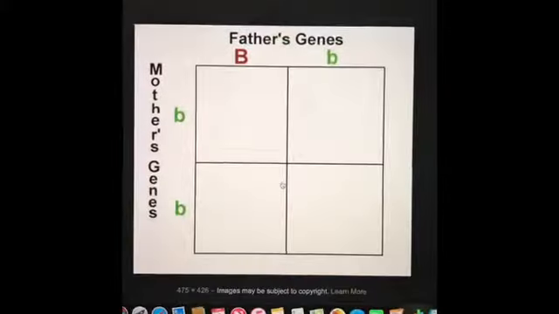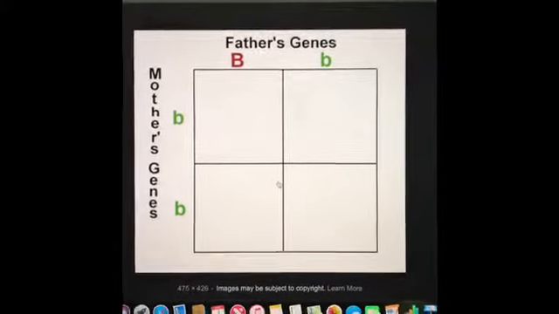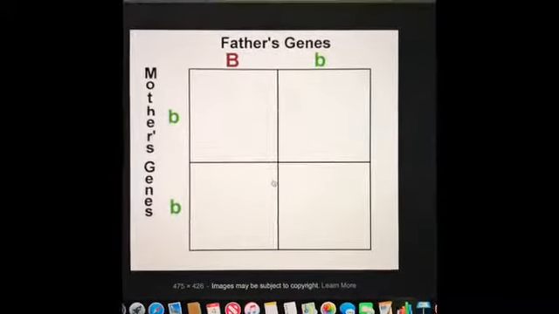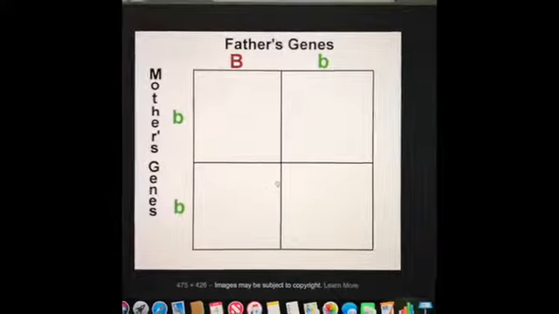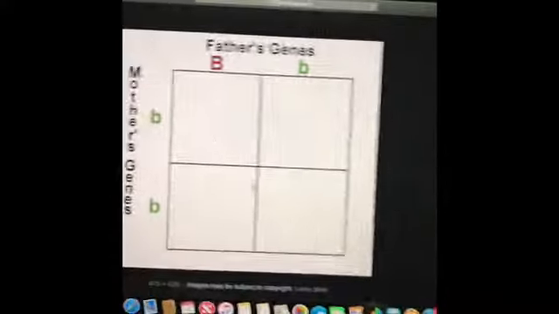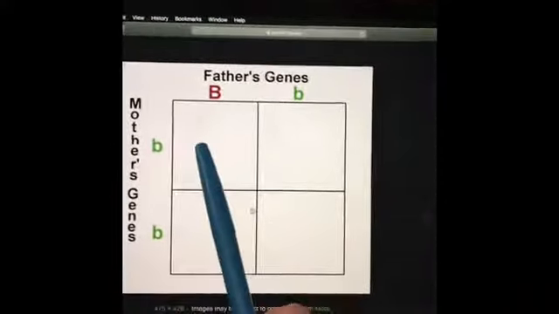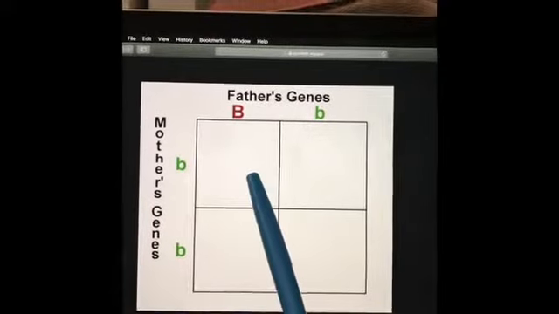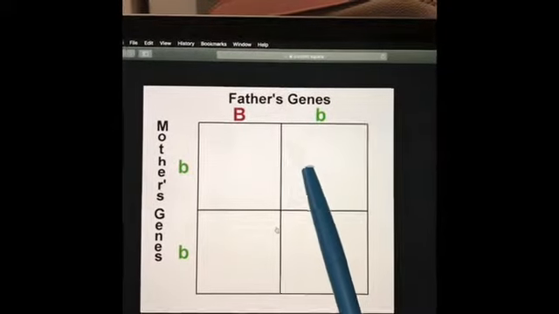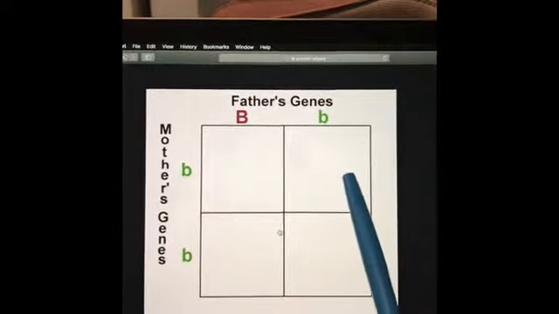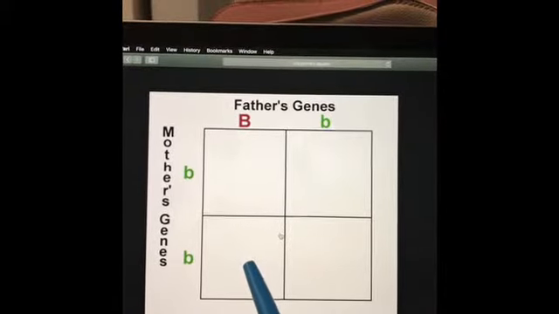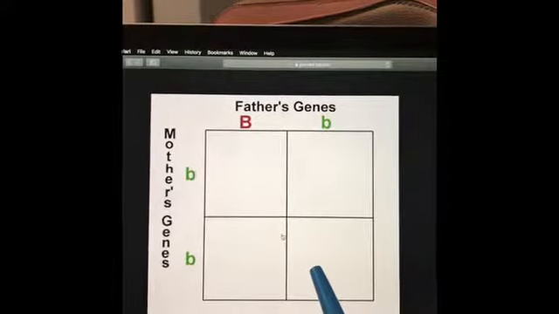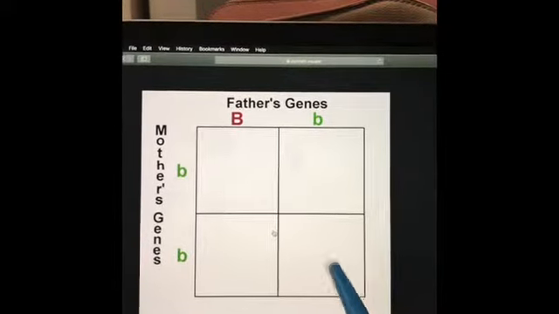And then I'll have you guys do this one next. This one's an example of where the father has 1 dominant and 1 non-dominant, and the mother has 2 non-dominants. So what this one would end up being is you'd have a dominant B, lowercase b, lowercase b, lowercase b, dominant B, lowercase b, lowercase b, lowercase b.